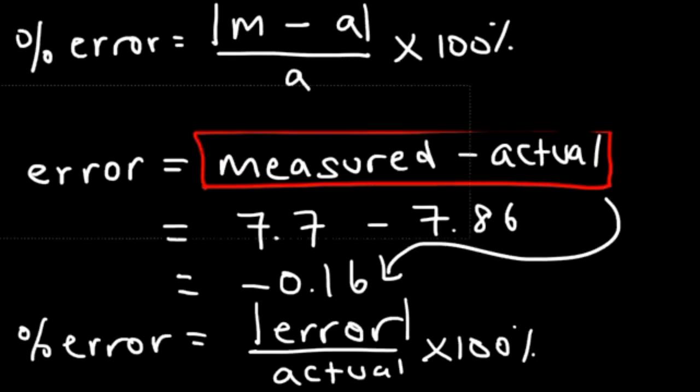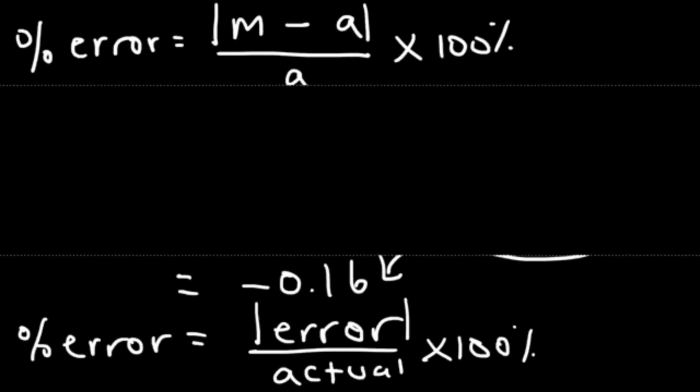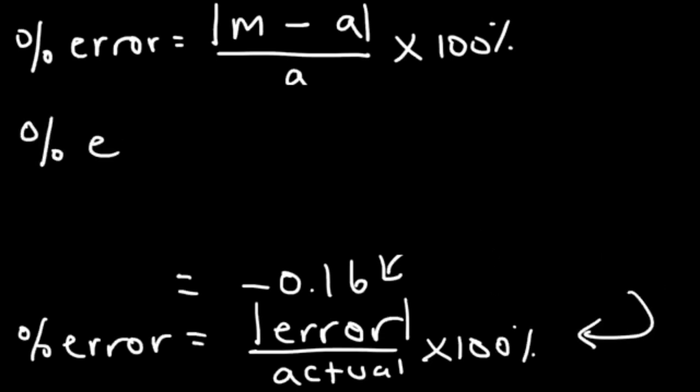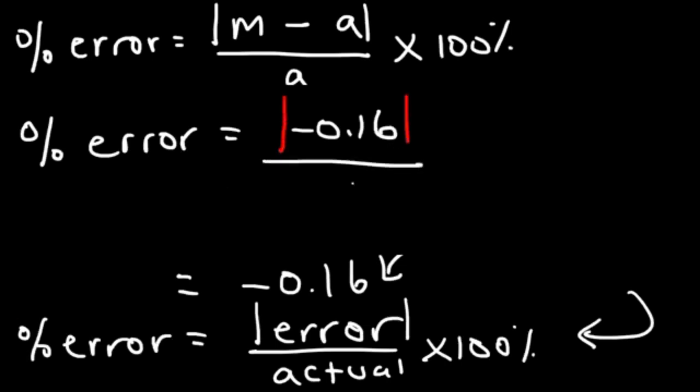So let's go ahead and finish it. I'm going to use the second formula on the bottom. That is this one. So percent error is going to equal the error, which is negative 0.16, but we need to take the absolute value of that and then divide it by the actual value, which is 7.86, times 100%.